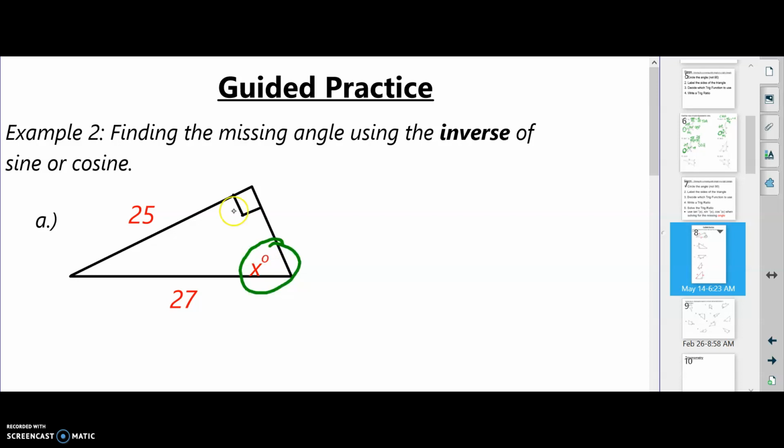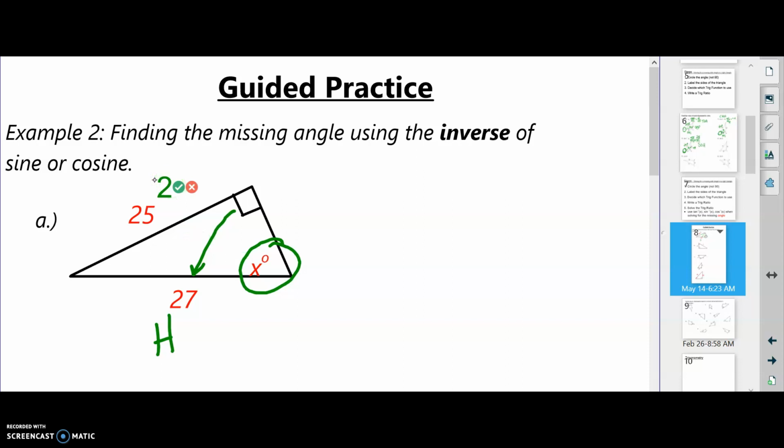I see the 90, so the side across from the 90, the longest side, is going to be my hypotenuse. That's the H. Then the 25, where's the 25 located in relation to the angle that I circled? Is it adjacent, next to it, or is it across the triangle? It's across the triangle, so that would be my opposite side.